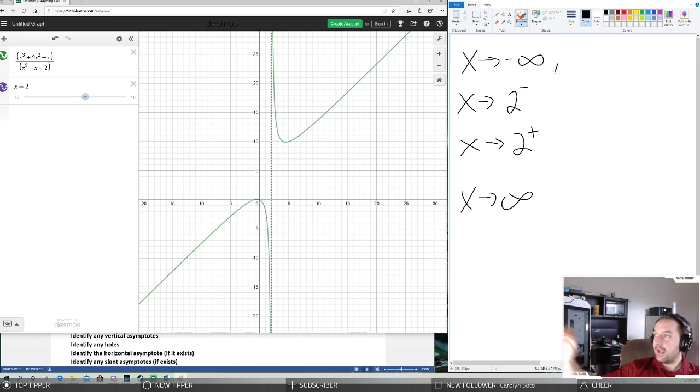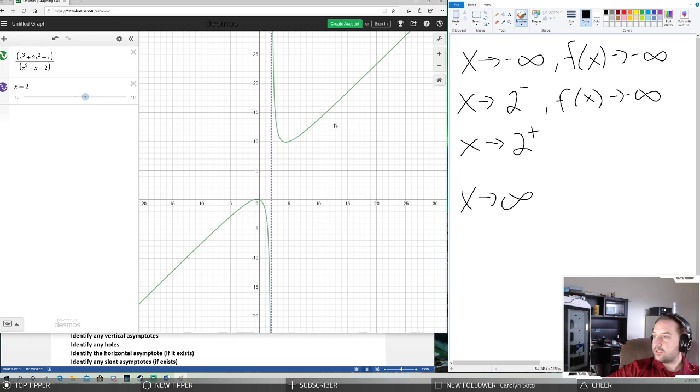As my x goes to negative infinity, my y is going down forever, so I can say my y is going to negative infinity. As x approaches 2 from the negative, that's going down forever, so then my y is going to go to negative infinity.